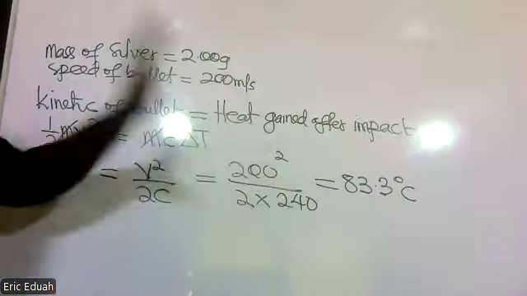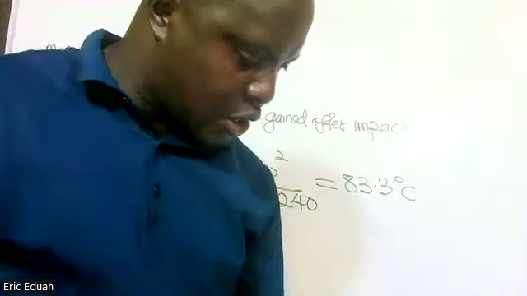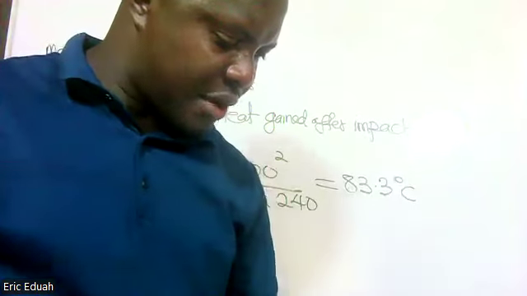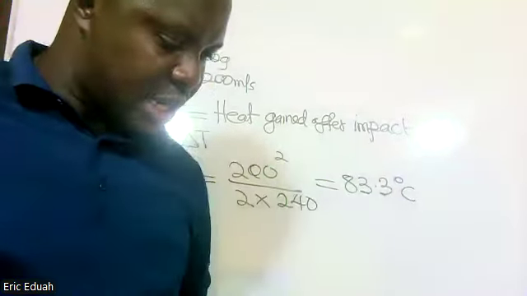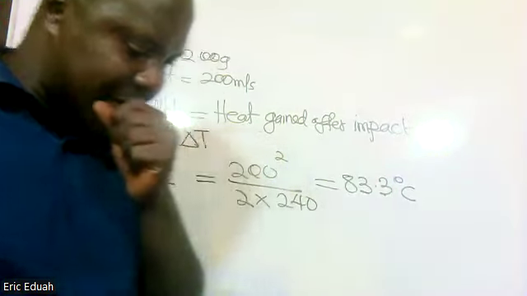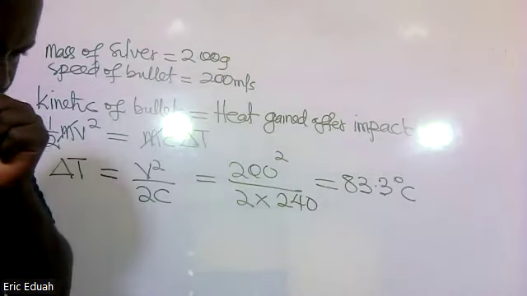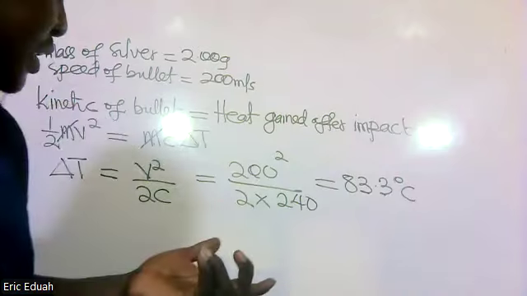So such questions are usually not difficult. Now the next follow-up question is that suppose the cowboy runs out of silver bullets and fires lead bullets of the same mass and at the same speed into the wall. What is the temperature change?